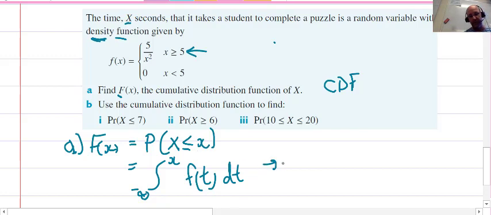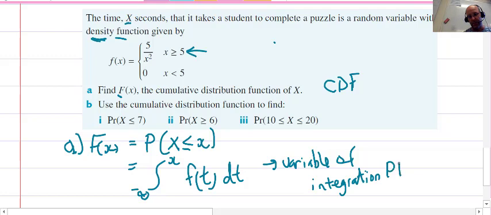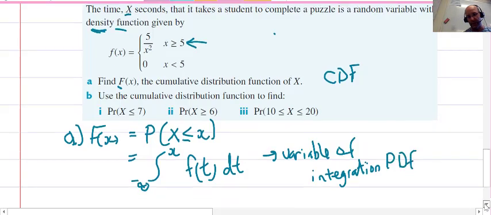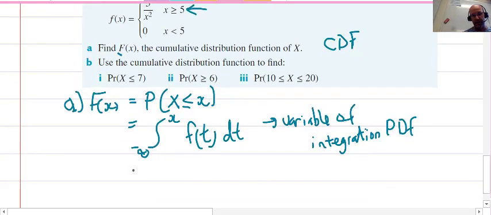Okay, and that's for the probability distribution function. And so we start from there and we continue through the process.